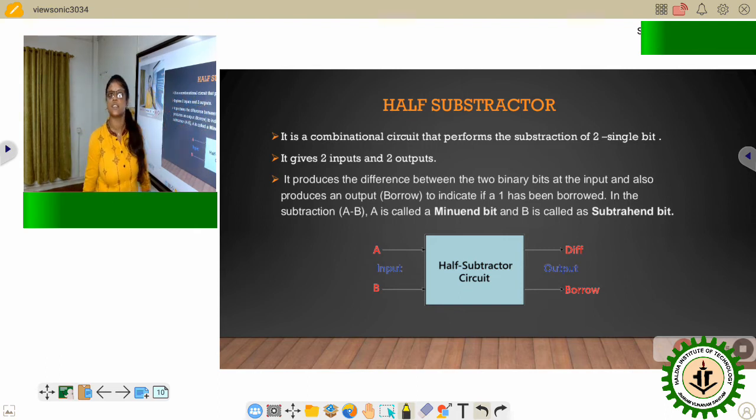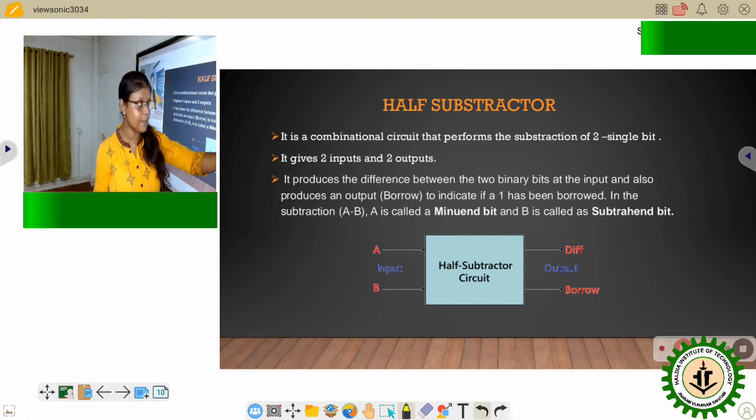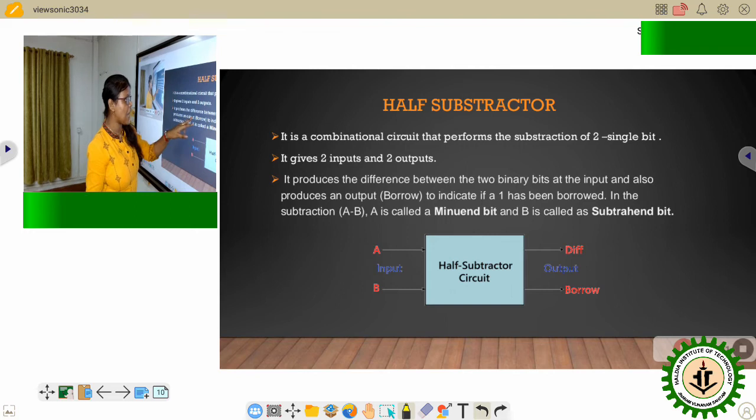The half subtractor has 2 inputs and 2 outputs. It produces the difference between the 2 binary bits at the input, and also produces an output, borrow, to indicate if a 1 has been borrowed in the subtraction.